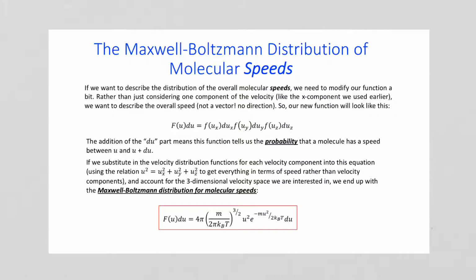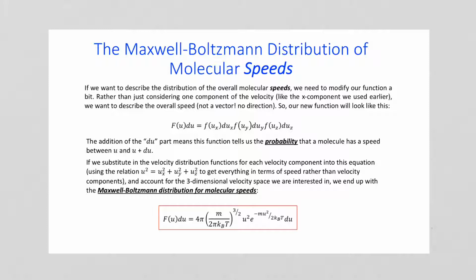And then we also need to account for the fact that we're now looking at a three-dimensional velocity space rather than a one-dimensional one that we did previously when we were looking at just one component of the speed with that x component of the velocity. So that just gives us a couple of other things to factor in. When we plug all of those things in, again, the book goes through all the details of that.